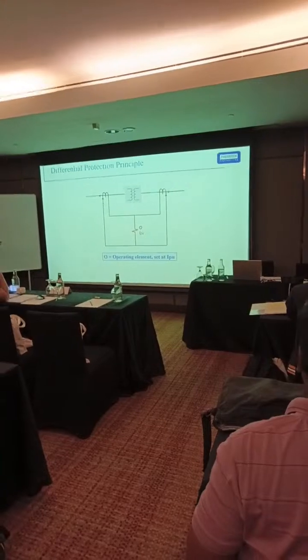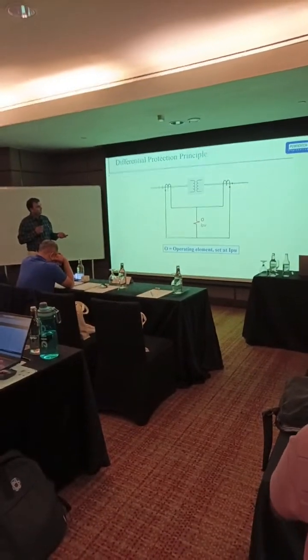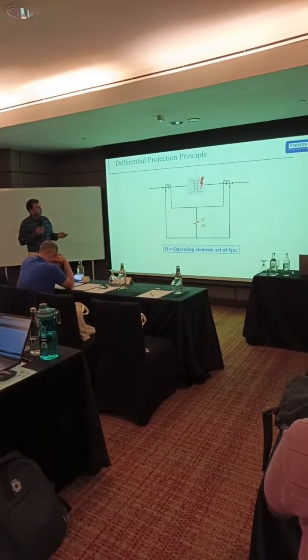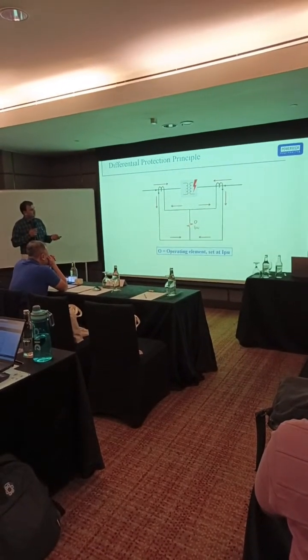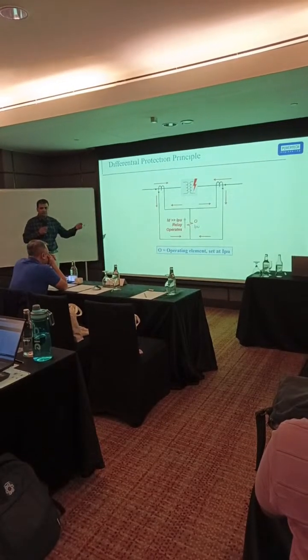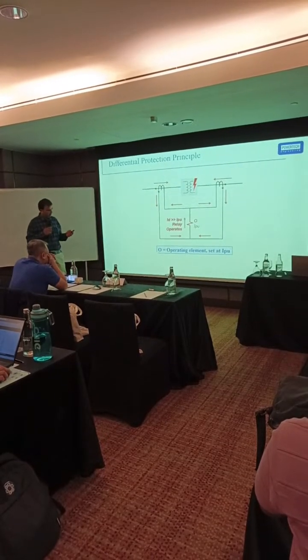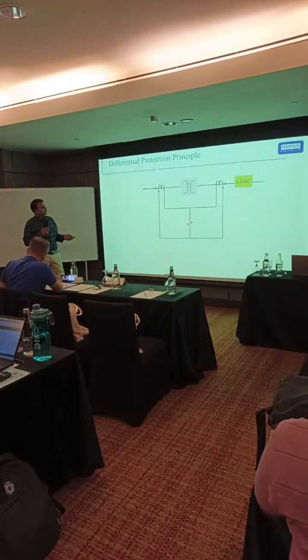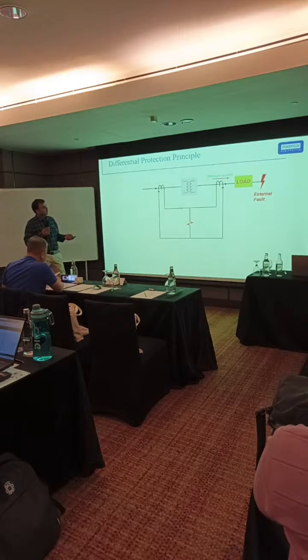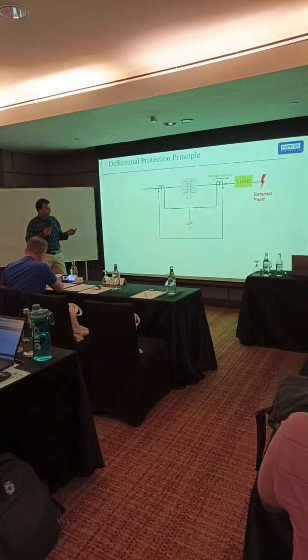This one is the operating coil of differential. If an internal fault is there, then the current will go through the differential coil. If it is an external fault, I have taken the ratio 1:1 to understand it well.